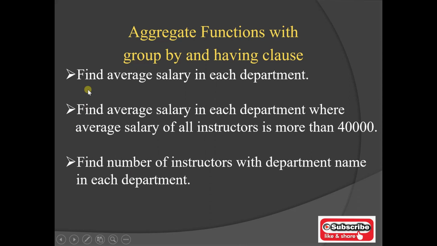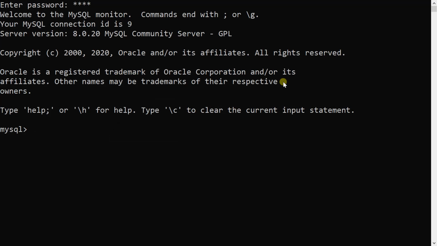So the first query is find average salary in each department. We are considering we have an instructor table. I will show you the SQL prompt. I have a university database, which I have already created. I will be using that university database. The database is changed. I have the instructor table.